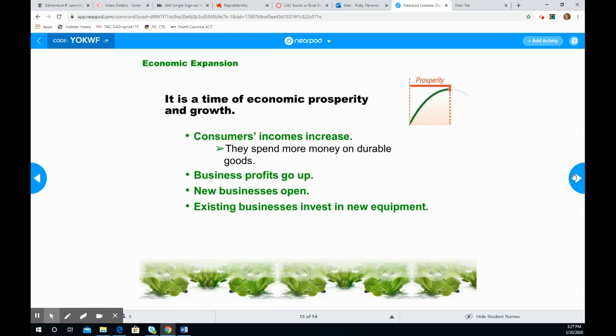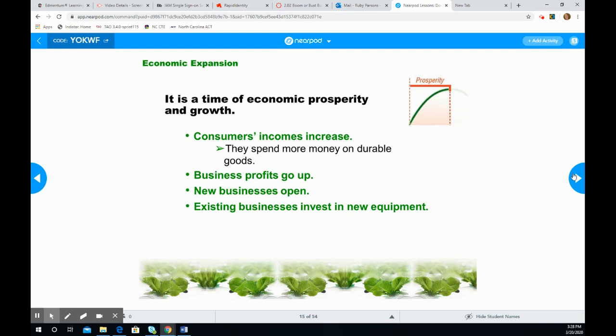All right, let's think about our economic expansions. As we're looking at economic expansions, it's time that you're thinking about economic prosperity and growth, because we need to think about how can we grow. So consumers' incomes will start to increase.